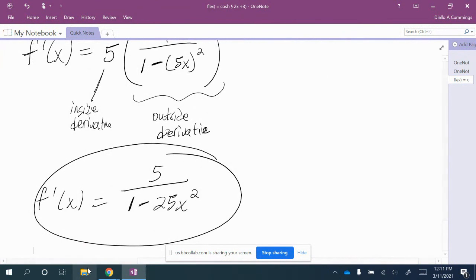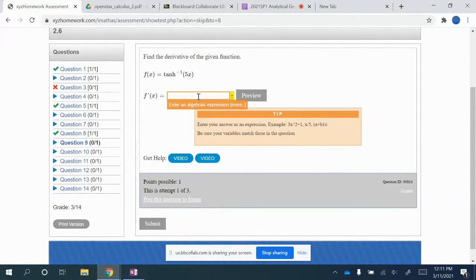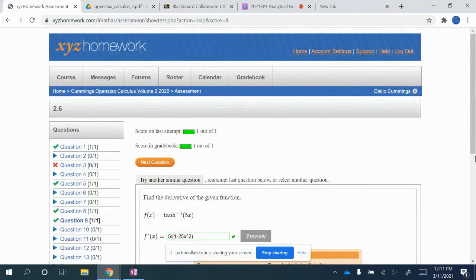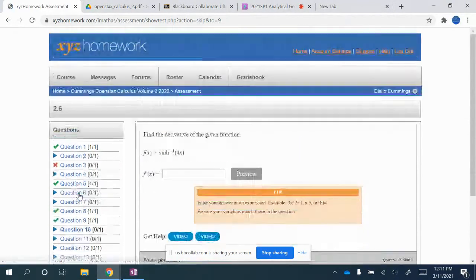So if I go back, I have 5 divided by 1 minus 25x squared. So this is how you would find the derivative for your hyperbolic function.